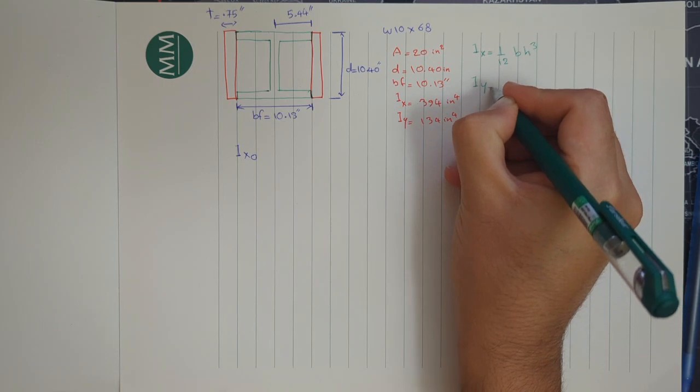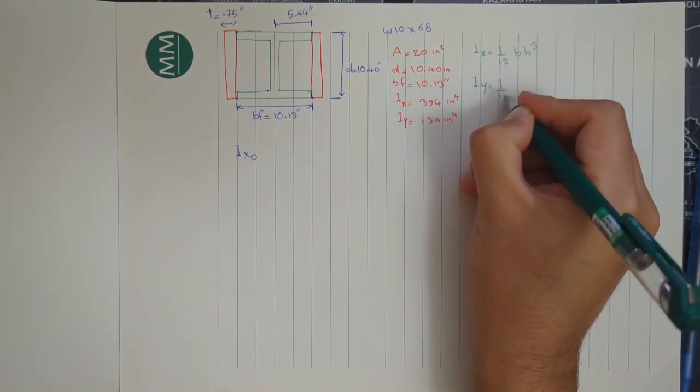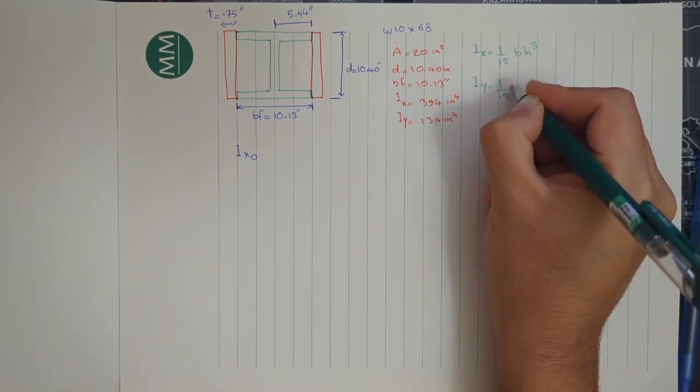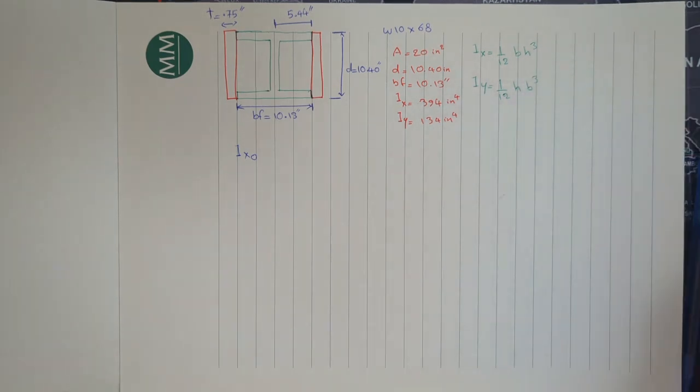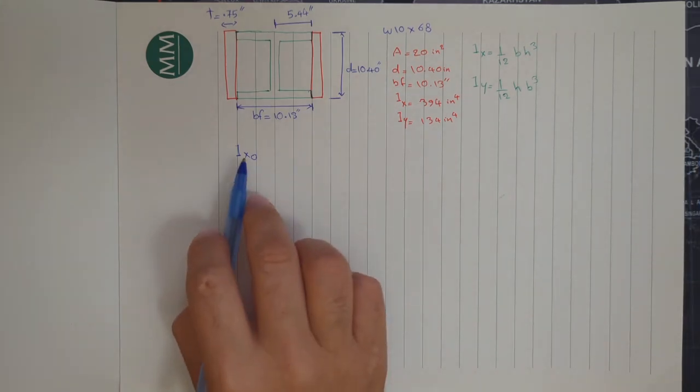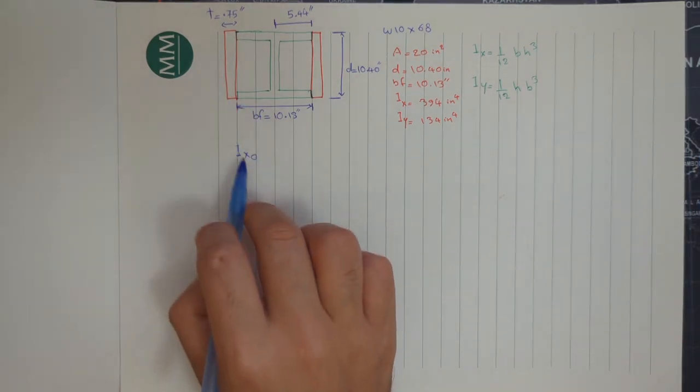Iy of a rectangle is 1/12 of HB cubed. So right now I'm trying to calculate the Ix of this object.